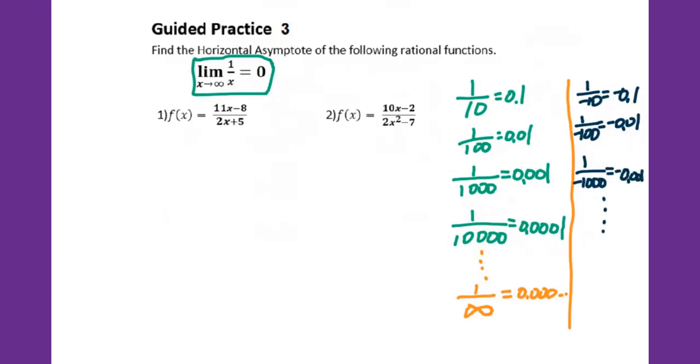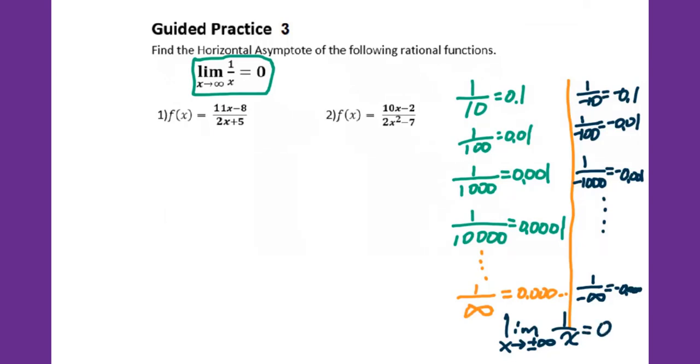So you keep going. If you go to negative infinity, you will get negative 0.000, keep going. That's the reason we say when x tends to positive or negative infinity, 1 over x both go to 0.